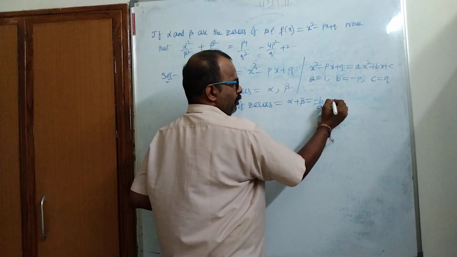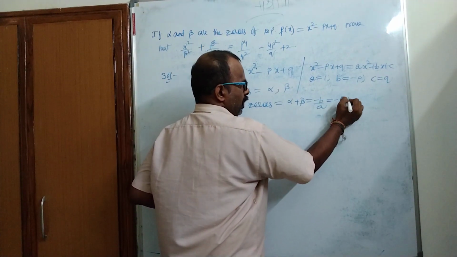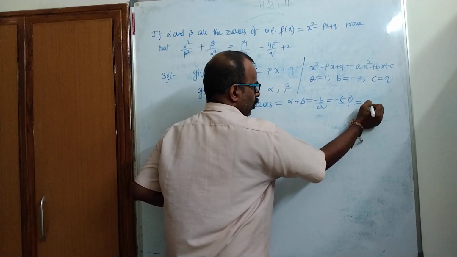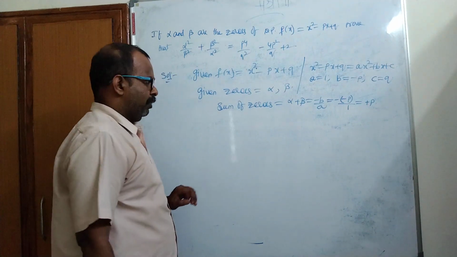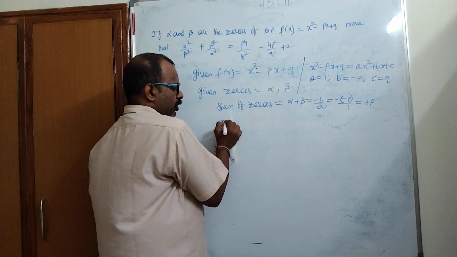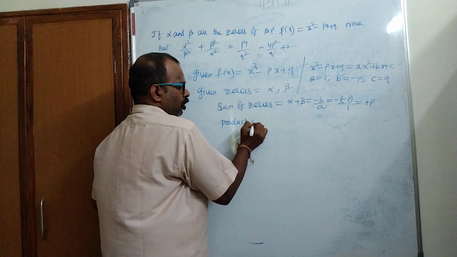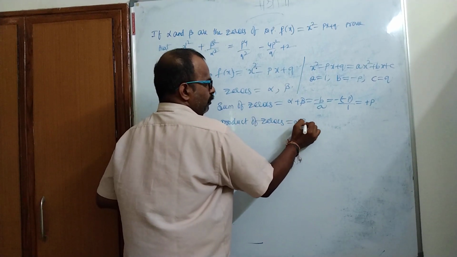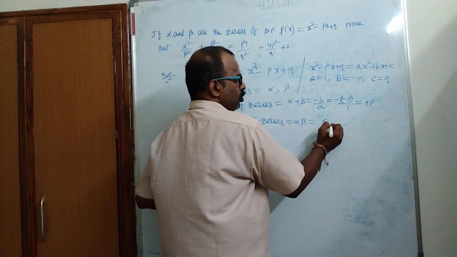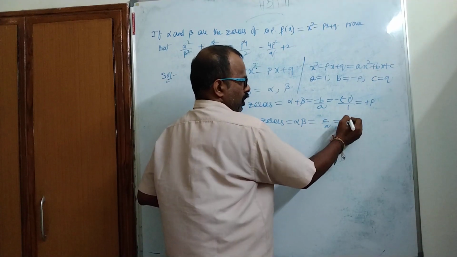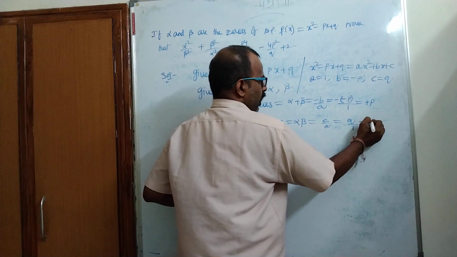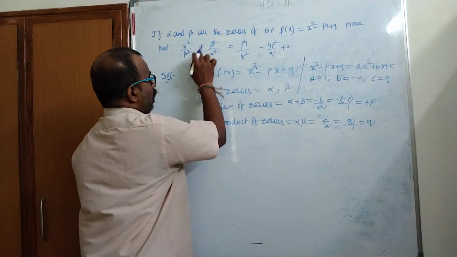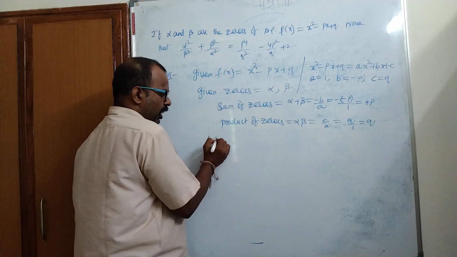So minus b by a is minus of minus p by 1, so minus into minus is plus p. Now the product of zeros is alpha beta is equal to c by a, that is q by 1, that is q.